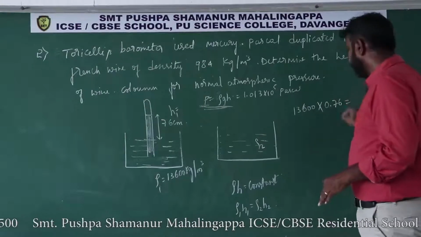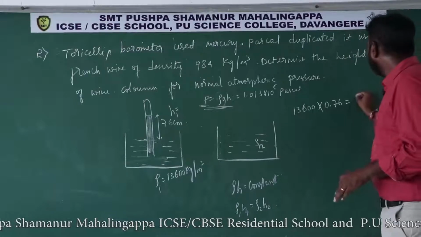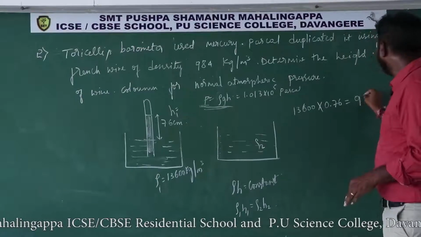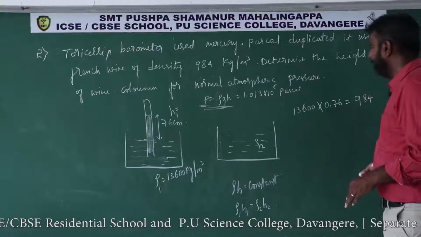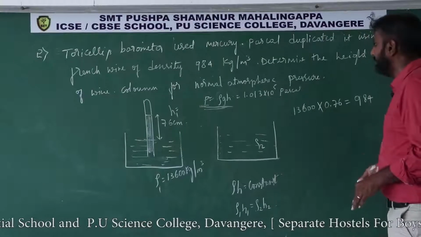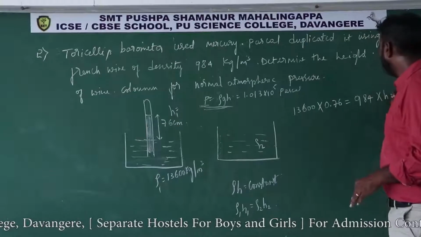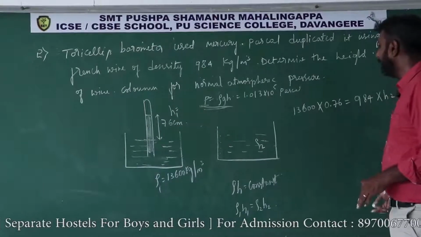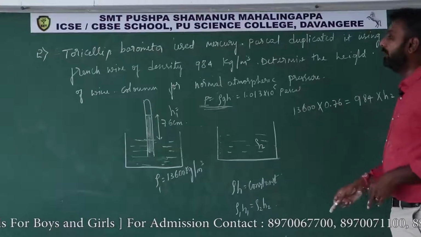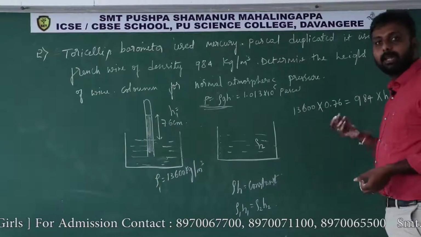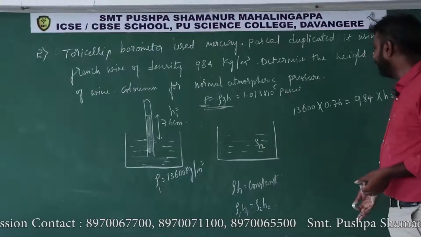This should equal rho 2, which is given as 984 kg per meter cube, the density of that wine, multiplied by h2. H2 height we have to calculate. That means what height of the glass tube is required, that height we have to calculate.